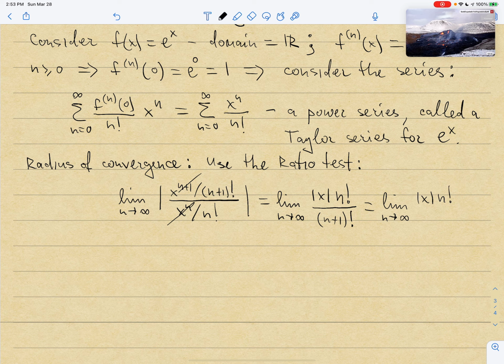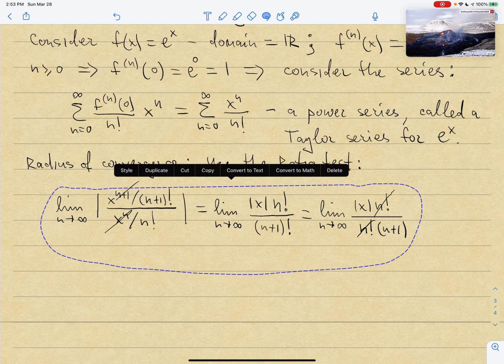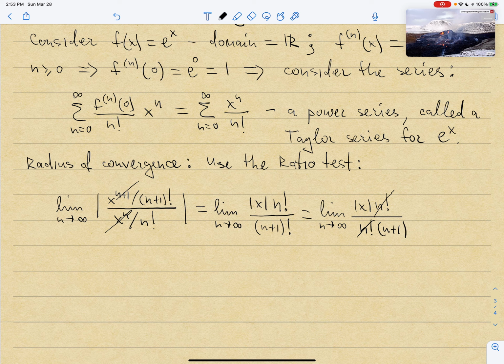N factorial is a product of all integers up to n, and n plus 1 factorial is a product of all integers up to n plus 1. So I can write it as n factorial times n plus 1. N factorial goes away. And then x is a fixed number, and I'm taking a limit when n goes to infinity, so fixed number on the top, bottom goes to infinity. This is 0, less than 1.